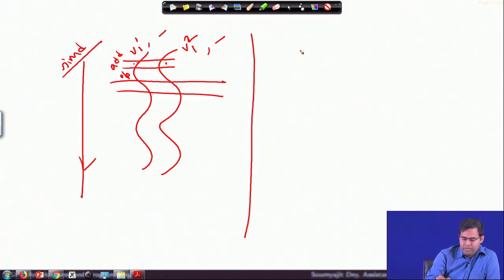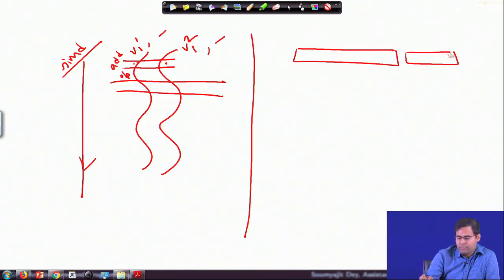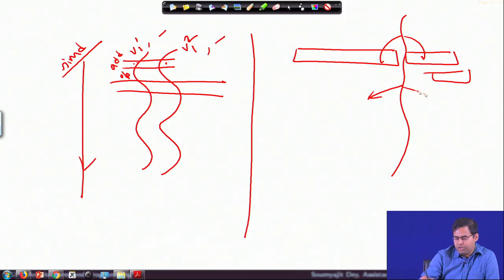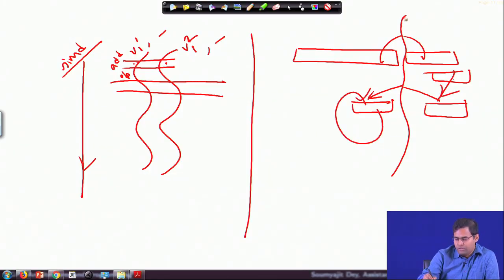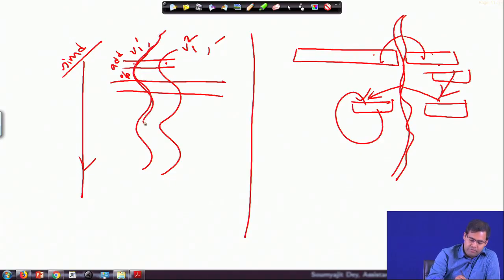Alternatively, I can say that I have data sitting in vector data types. There is one thread which is going on and doing a computation on them, producing a result, and then again it is doing a computation on some other vectors and again producing a result. Well, there may be dependencies and all that. So, I can think that I have a single thread which is making progress doing operations on parallel data vectors, or I can think that I have multiple threads which are making progress in parallel.